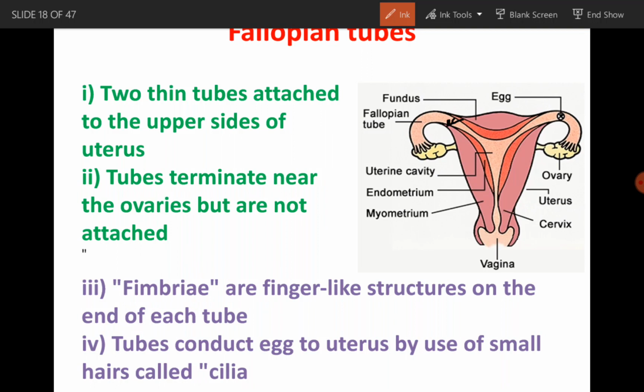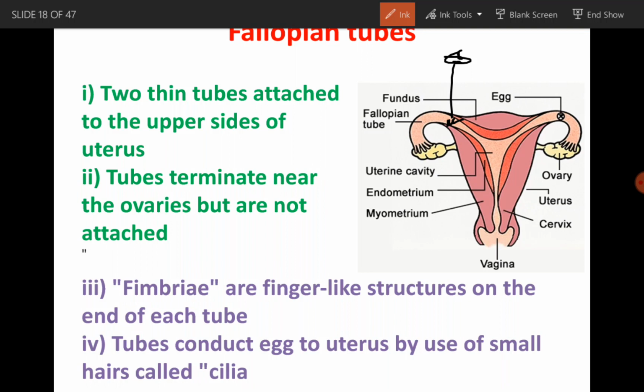The first part is the infundibulum, then the ampulla, and then the isthmus. When the ampulla and isthmus are connected to each other, that is called the ampullary-isthmic junction, and this is the particular point where the process of fertilization takes place. So this is very, very important.